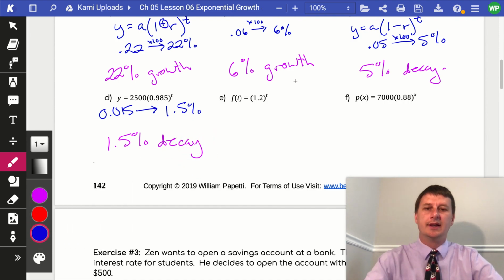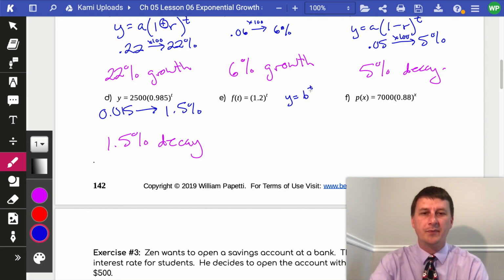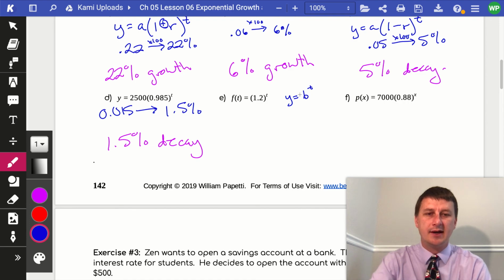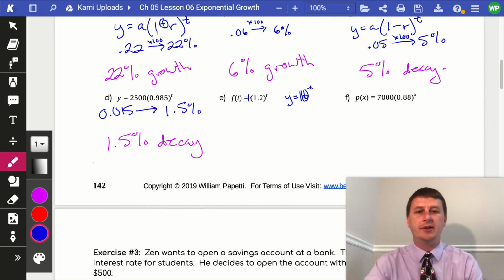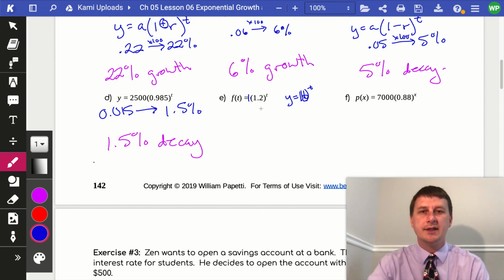Let's take a look now at part E. In part E, we don't have an original amount, but we did look at functions in the form of y equals b to the t in lesson 3 and 4. Actually, lesson 4, I believe. And that means that our y-intercept is just going to be 1. So this is really 1 times 1.2 to the t, where 1.2 is our growth or decay factor.